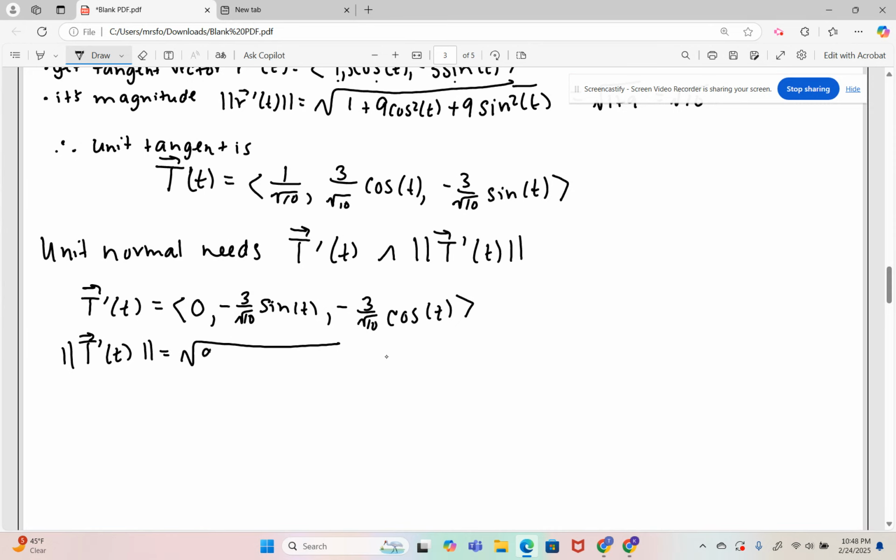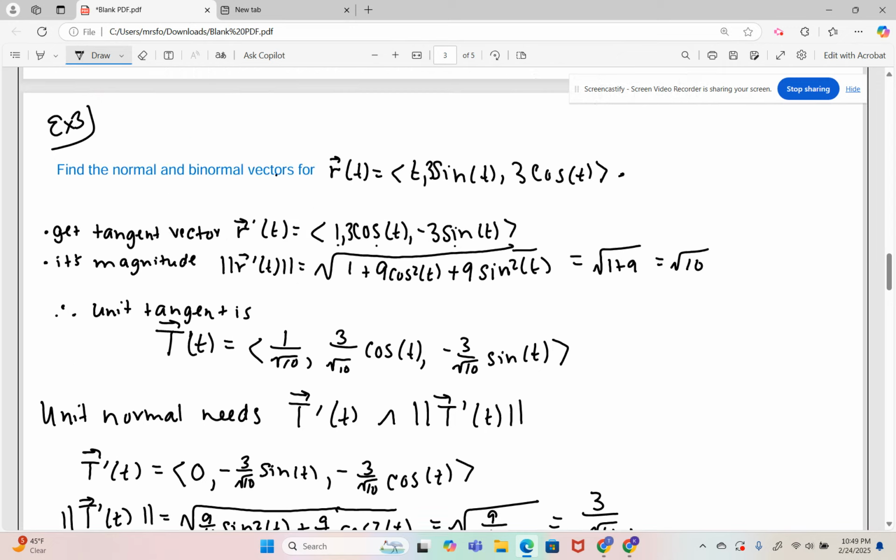So that becomes 9 over 10 sine squared t. Then this also is going to become plus 9 over 10 cosine squared t. So hopefully you're seeing a little bit of a trend here. So the sine squared plus cosine squared is 1. So that just leaves us the square root of 9 over 10, which is 3 over the square root of 10. Not 3 square root of 10, but 3 divided by square root of 10.